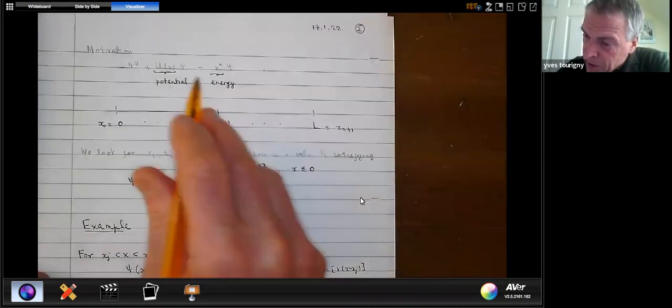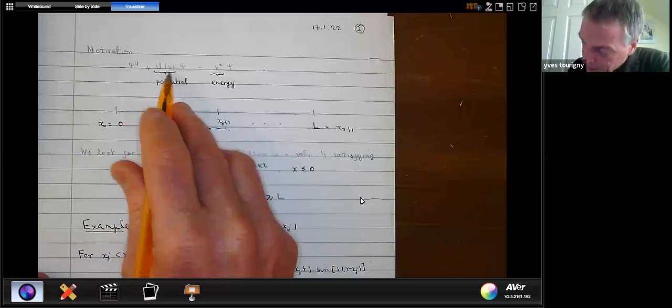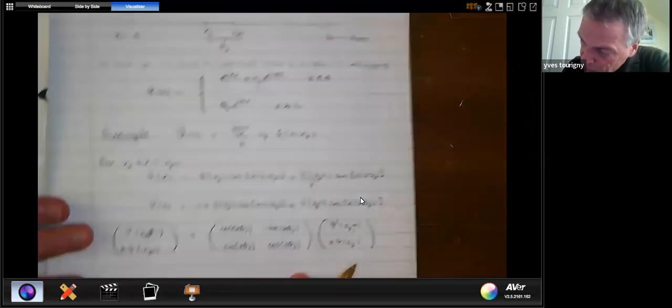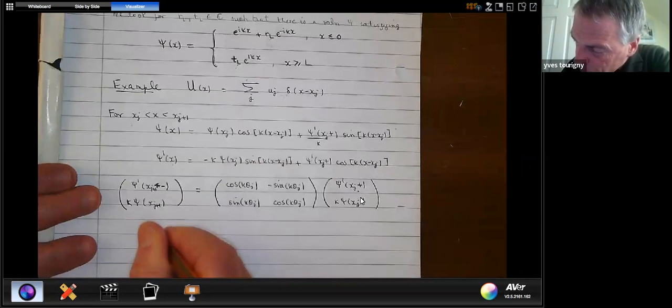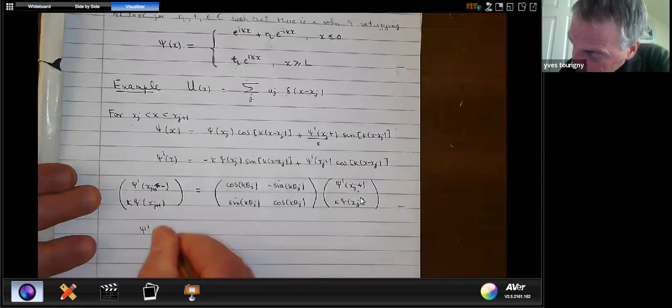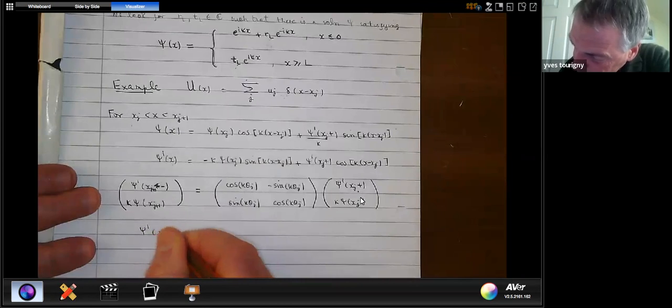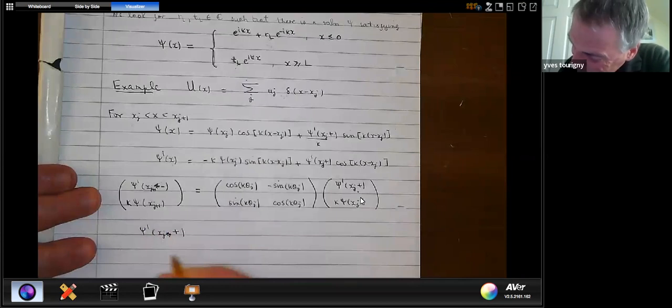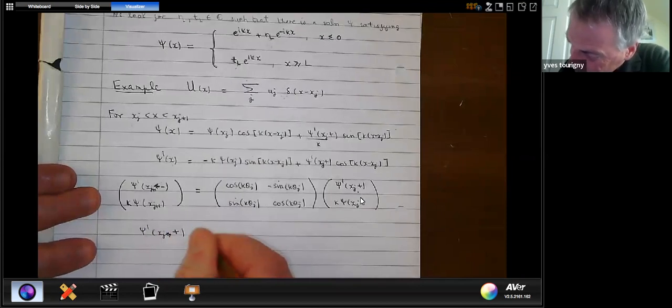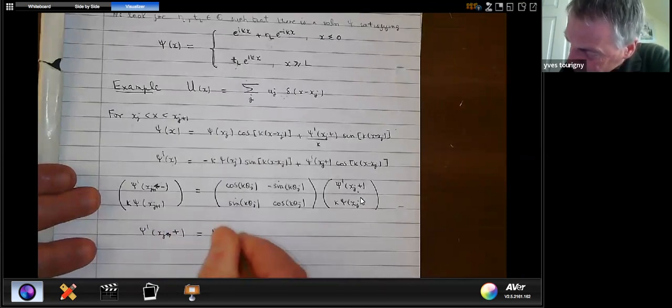By using the definition of the Dirac delta, perhaps you can see that the jump at xj will be given by this formula. That's why I never work with a pen.